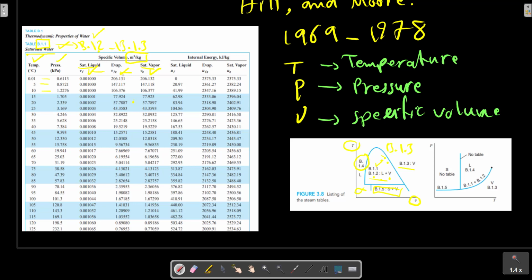Table B12 lists the same information as table B11, but the data are listed according to the pressure, as mentioned earlier.